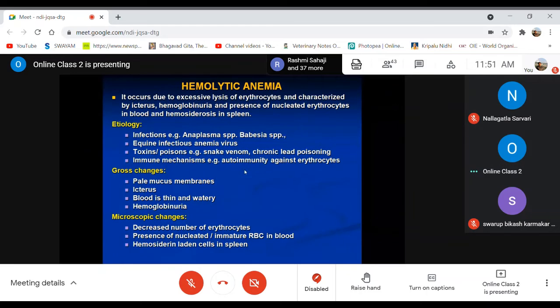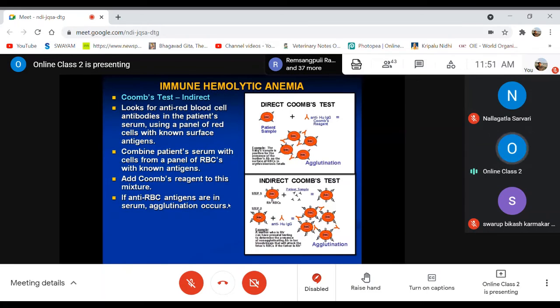Here one test known as the Coombs test may be of two types, direct Coombs test and indirect Coombs test. This test is one kind of technique to examine immunohemolytic anemia, by using Coombs reagent.